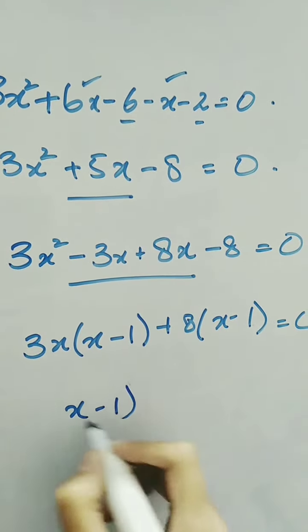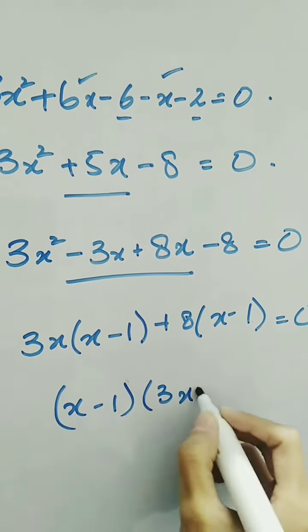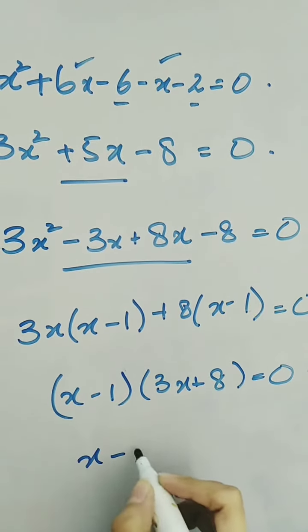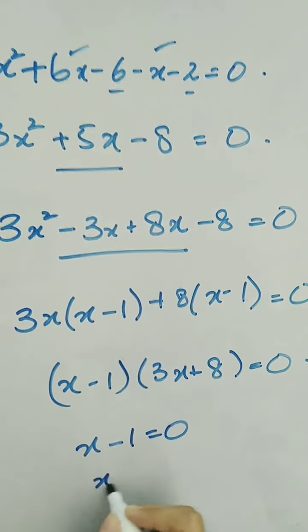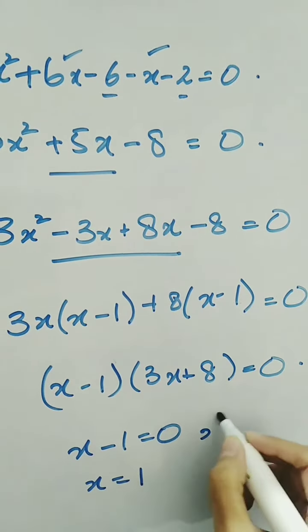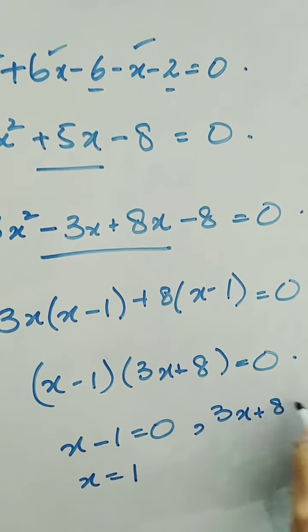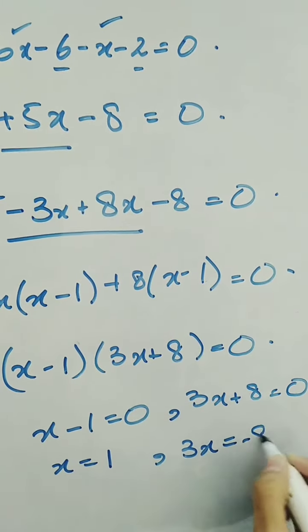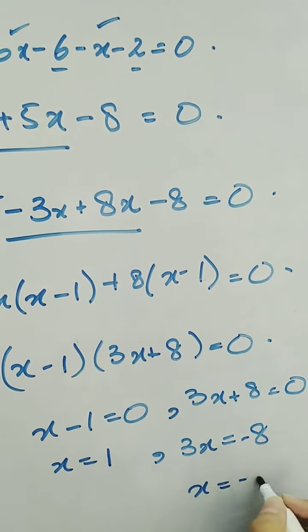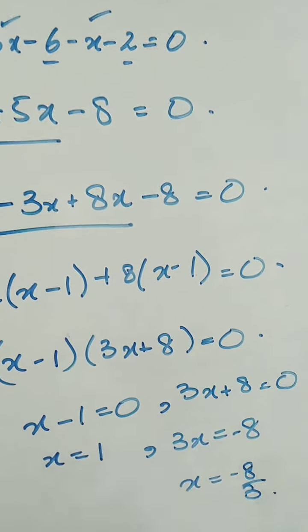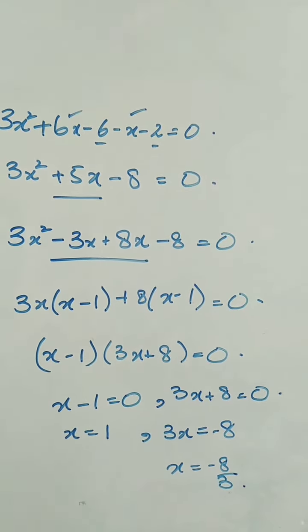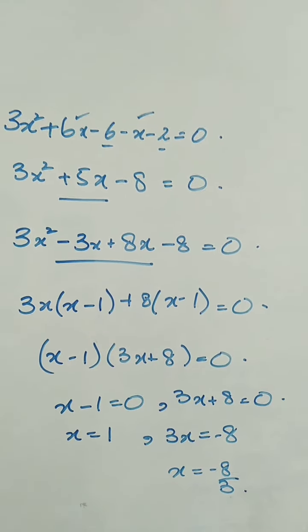Or we have x minus 1 and 3x plus 8 is equal to 0. Or we have x minus 1 is equal to 0, which gives x is equal to 1. And we have 3x plus 8 is equal to 0, which is equivalent to 3x is equal to minus 8, or x is equal to minus 8 over 3. These are the values of x for the given equation.